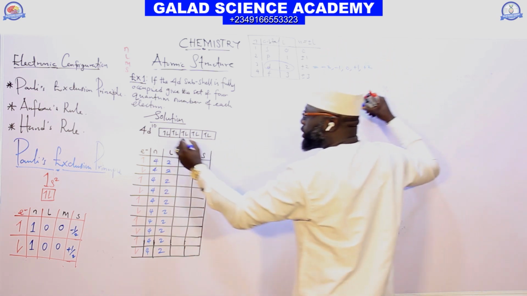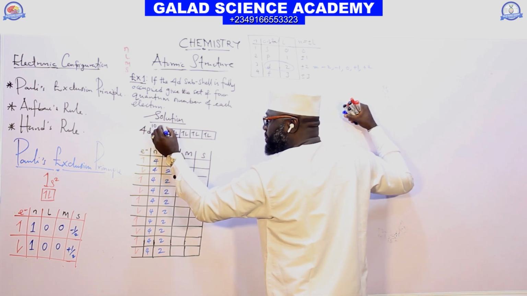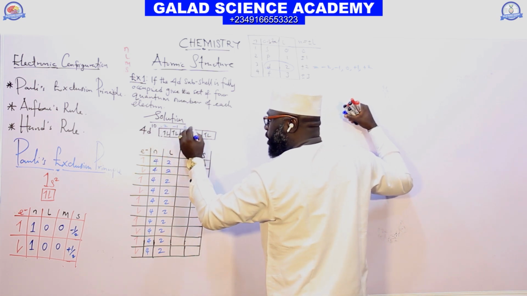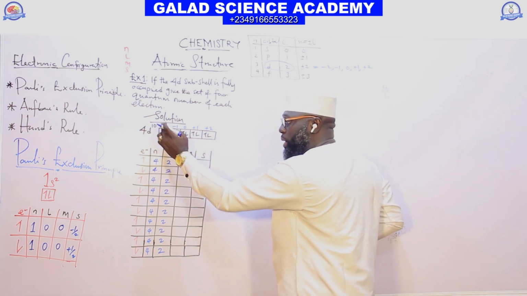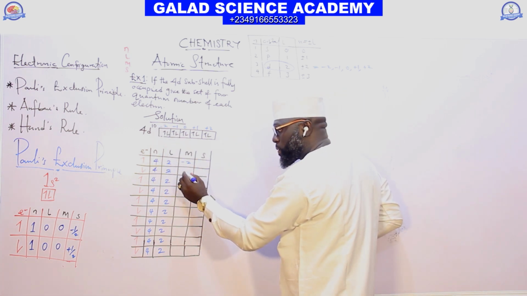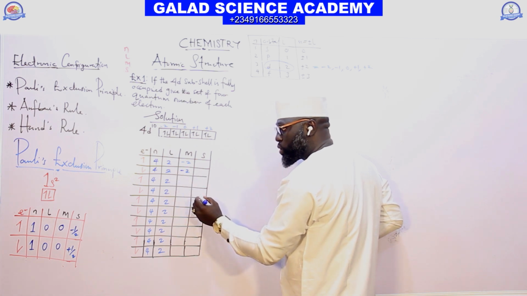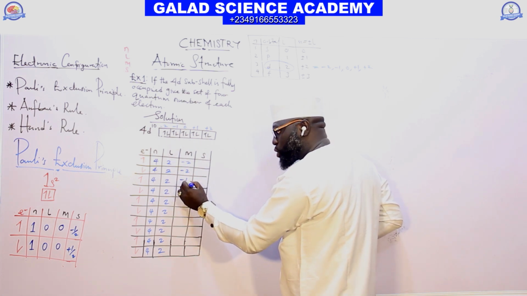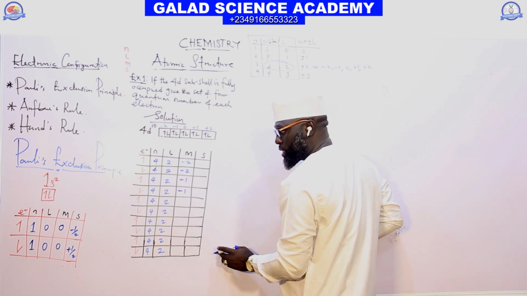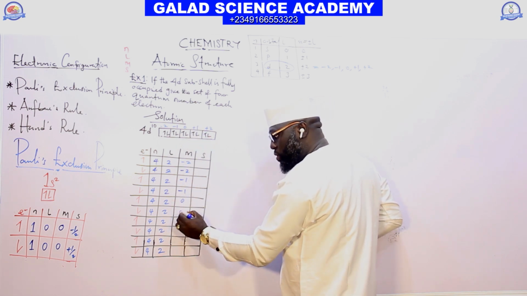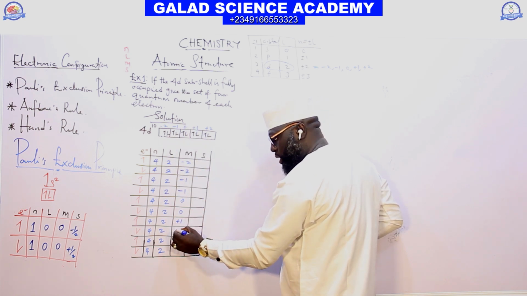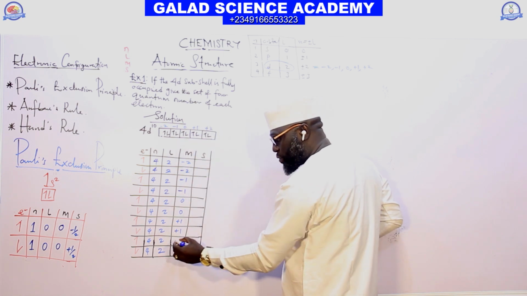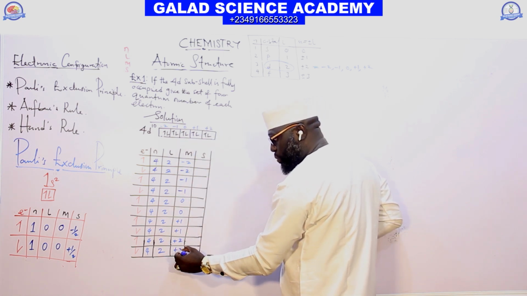We have 5 orbitals. So the first two electrons will be in minus 2, minus 2. They are followed by minus 1, minus 1. The next one is 0, 0, and in this 0 you have 2 electrons. The next one is plus 1, plus 1. Here we have plus 2, plus 2.